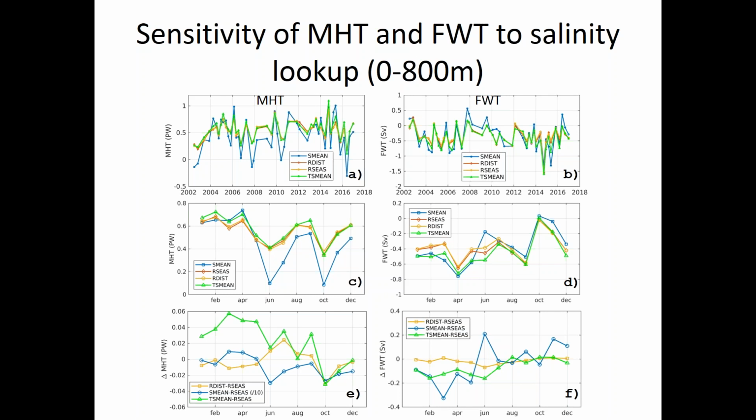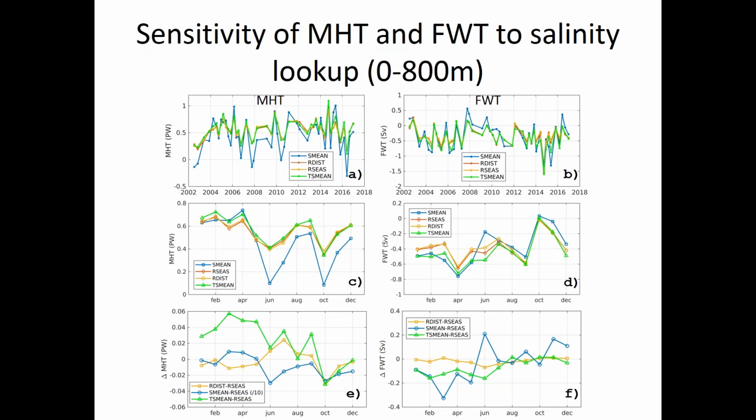We see that by including just the mean salinity, we can have reversals of the meridional heat transport below zero here that we don't see with other reconstructions. And for the freshwater transport, because it's the inverse of the salinity, it is basically the opposite of these variabilities. It is more northward than it should be, and the others are pretty much on top of each other. So we see that salinity doesn't really drive too much of the variability.